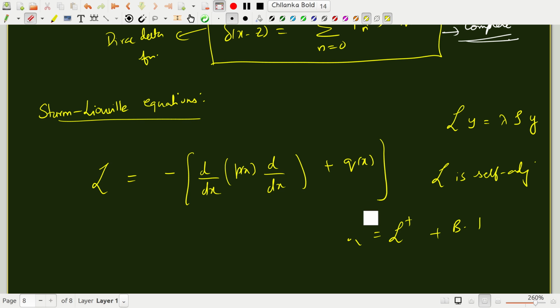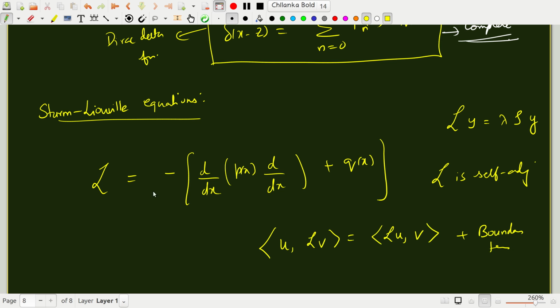Sorry, let's be more careful about this. In order for the operator to be self-adjoint, we had U times LV is LU times V plus boundary terms.